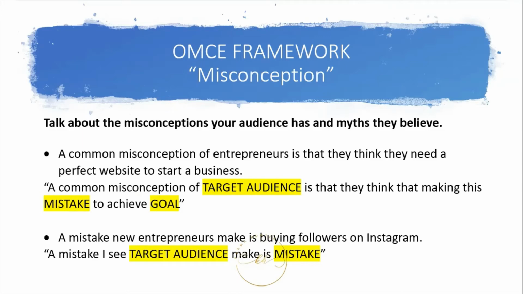A common misconception of the target audience is that they think that making this mistake is going to help them achieve the goal. So you've got to play with the words a little bit. And a mistake new entrepreneurs make is buying followers on Instagram. A mistake I see the target audience make is the mistake, blah, blah, blah, whatever the mistake is.